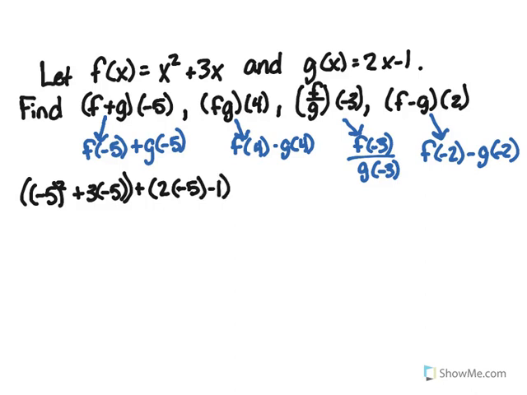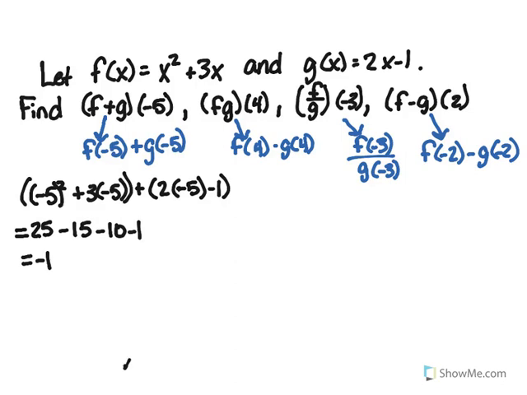Now let's do some simplifying. Negative 5 squared is 25. We have 3 times negative 5, which is going to be minus 15, plus negative 5 times 2 is negative 10. So I'm going to change that to a negative sign. Minus 1, and let's go ahead and do the math for this. So this is all going to equal negative 1.